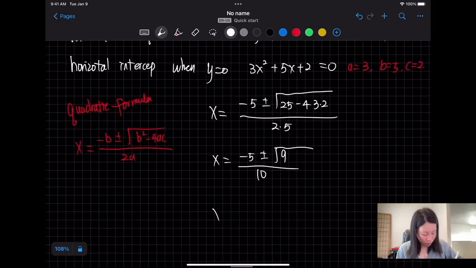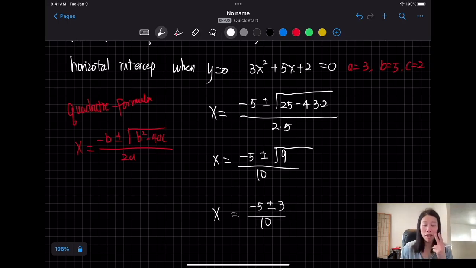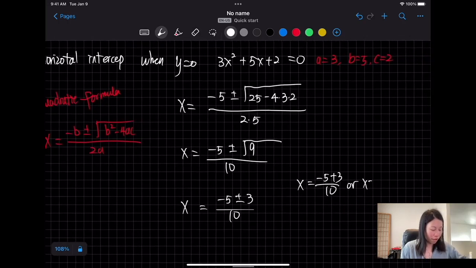So I will have x equals negative 5 plus or minus 3 over 10. So that gives you 2 x-intercepts, right? Either x equals negative 5 plus 3 over 10, or x equals negative 5 minus 3 over 10. So that gives you 2 results because we have a plus and minus.